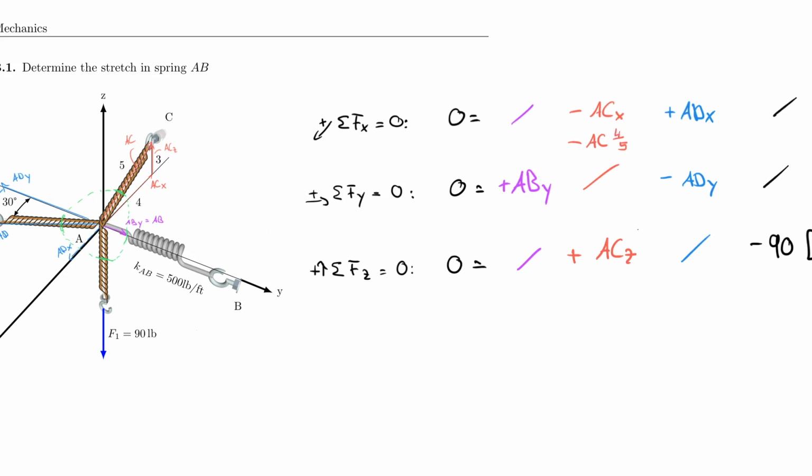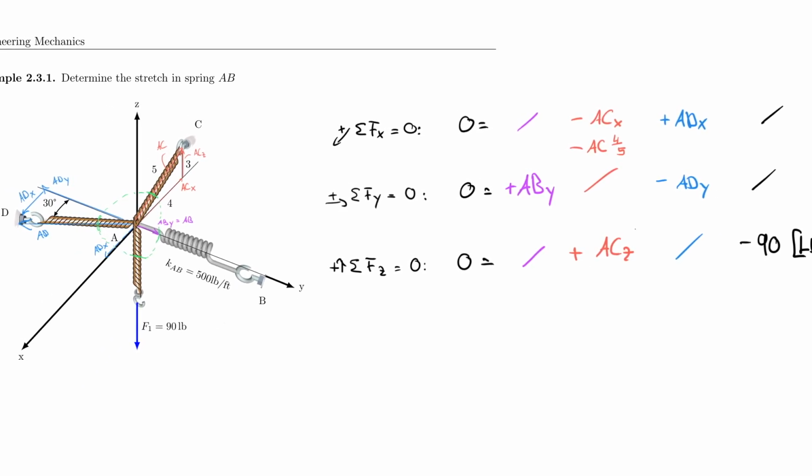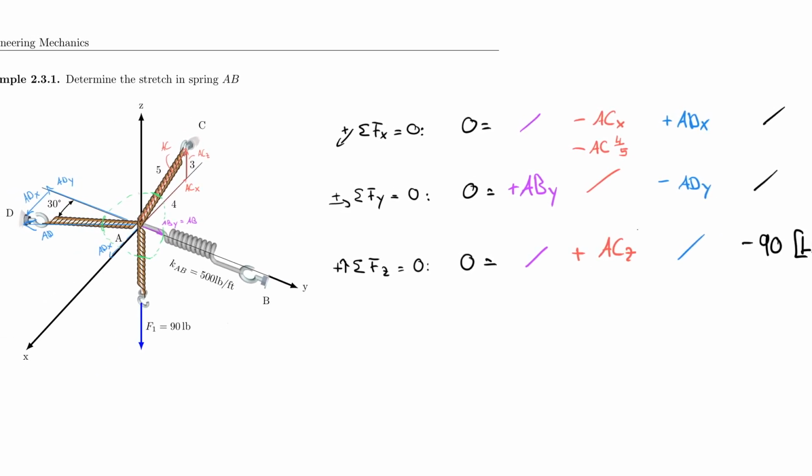Now, for my AD, which is my blue color, I have ADX, and that is the sine direction of 30, if I'm not mistaken. So plus AD sine 30. And I'm done with that row. Now, for my next row, for the y direction, y is just equal to AB.